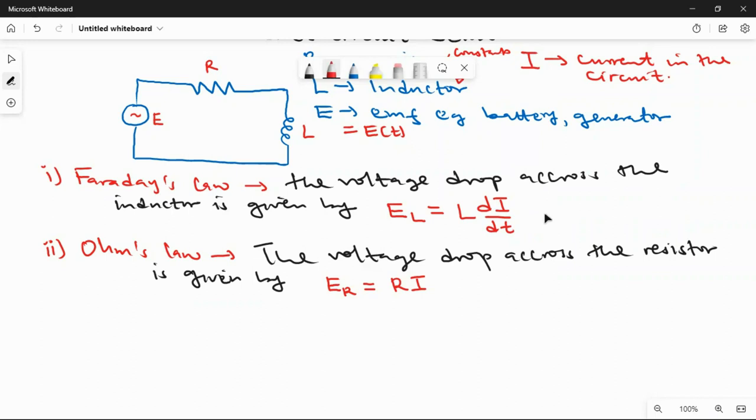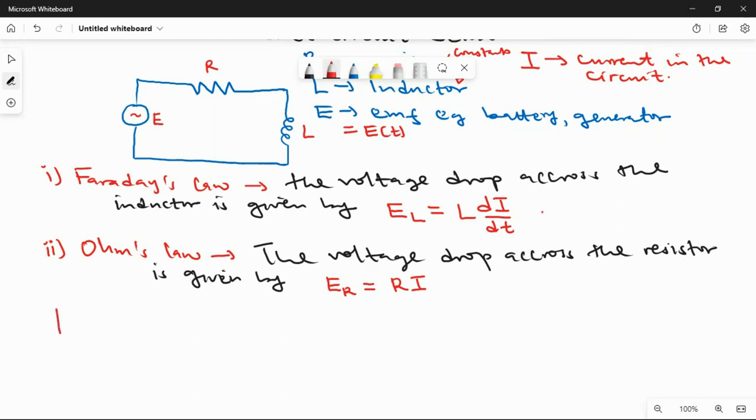So there's a law that governs the voltage in the series circuit. That law is what you're calling Kirchhoff's voltage law. So what does it state?